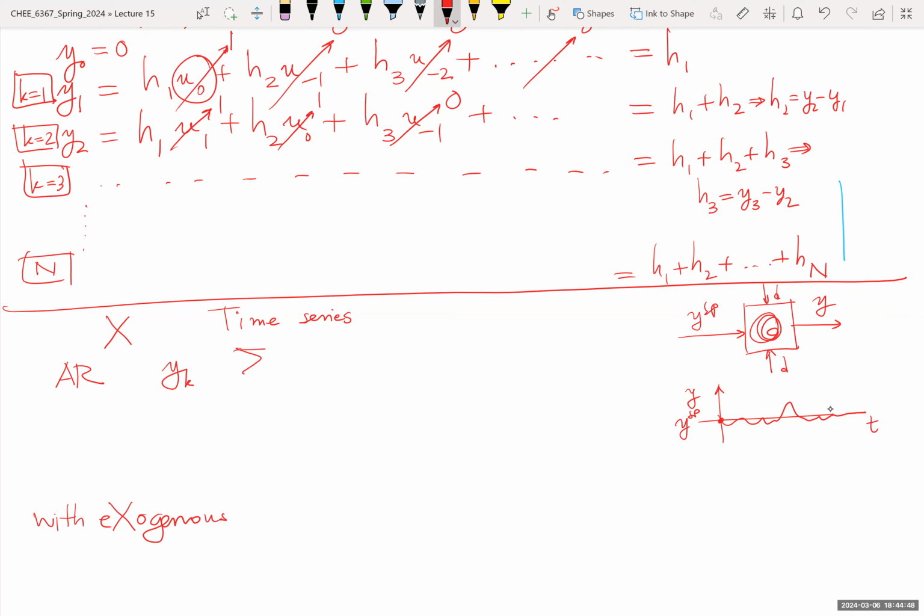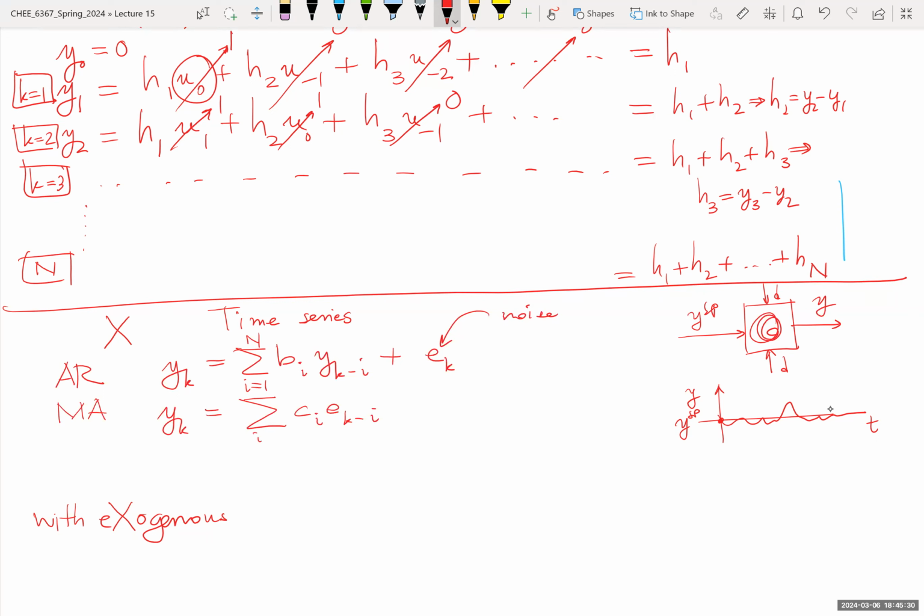So you take a weighted sum of past values of y, and you say the current value of the output depends on previous values of the output plus random noise. This is noise. And the way I have written it here, it's typically considered to be white noise, but there may be a model for this noise. Then there are other models that say, well, the current value of the output is actually just the effect of noise.